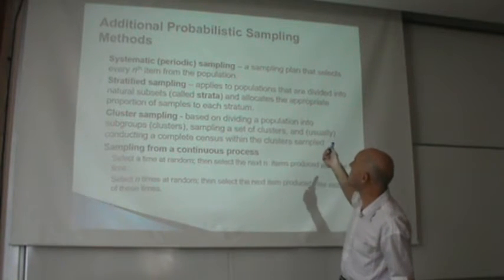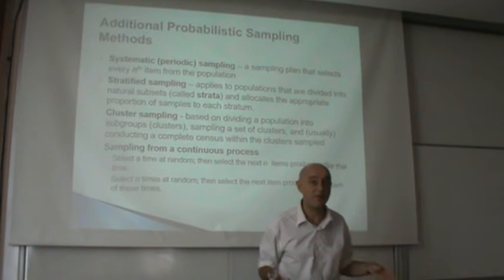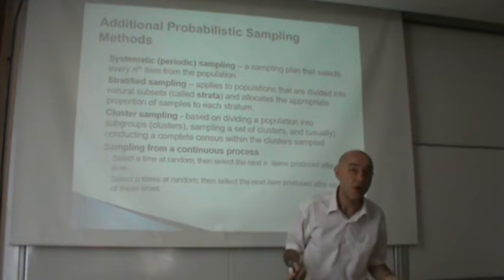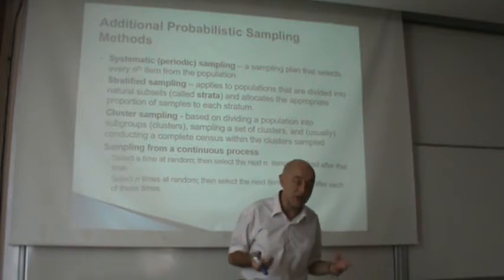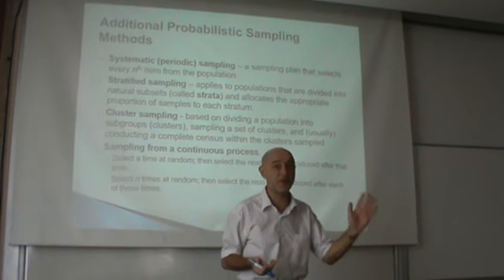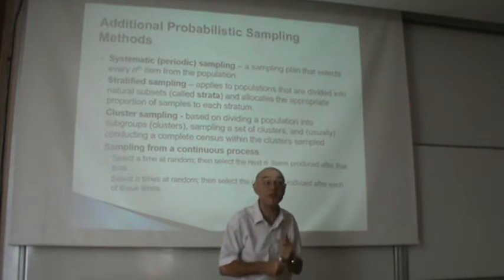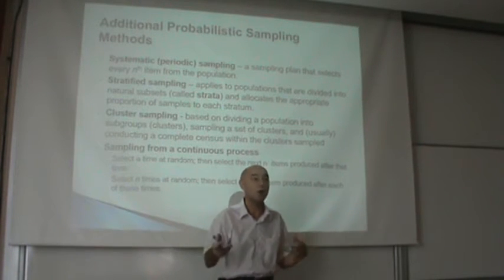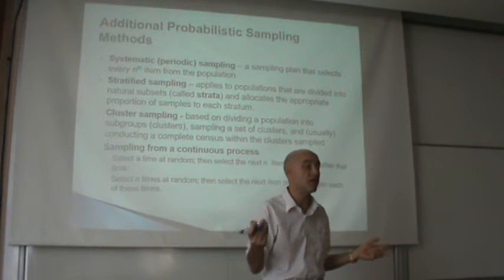So we got a sampling plan, and you choose every 5th person, or every 2nd person, or every 100th person. So you decide you're going to pick every 5th student, okay, or every 10th student, or every 10th customer, or visitor, or whatever it is, if it's in the movie theater.